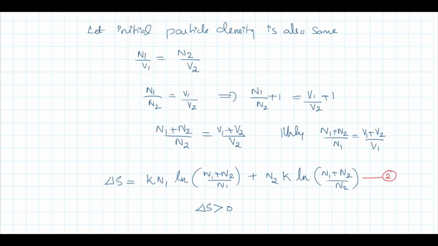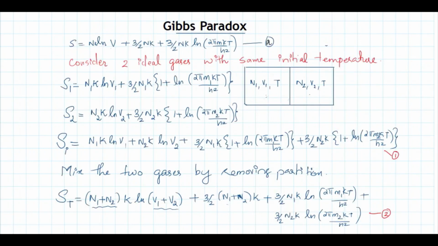So if you remove the partition, one molecule from this compartment may go to the other compartment. But eventually, when you put back the partition, number density, temperature, all things will remain the same as the initial state.